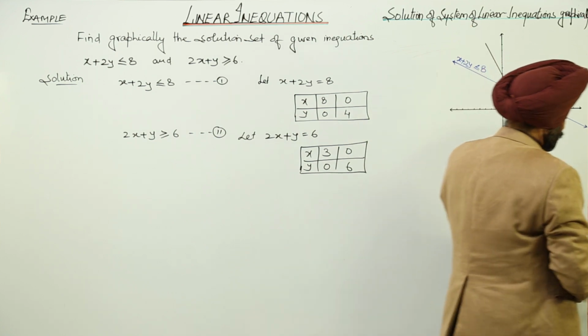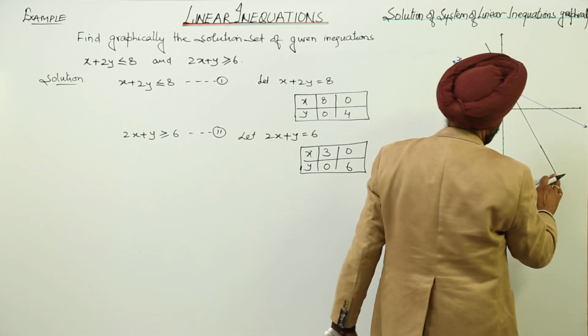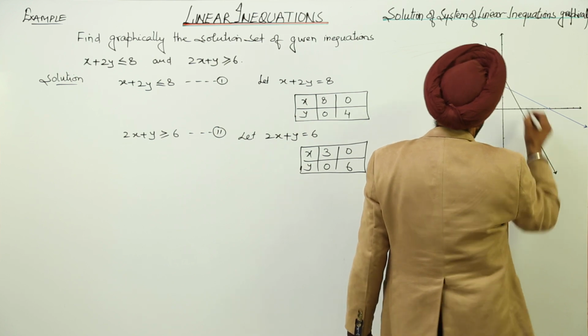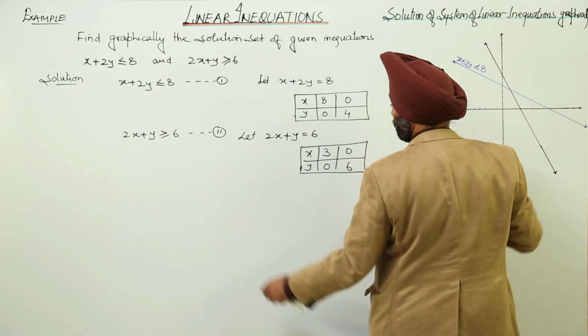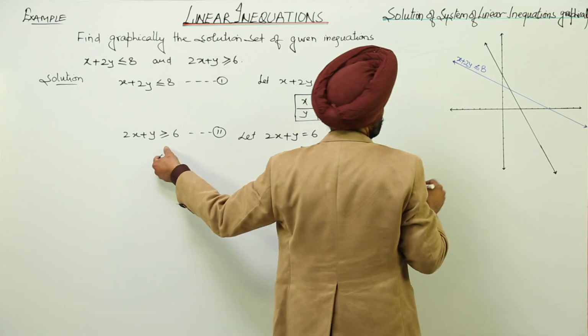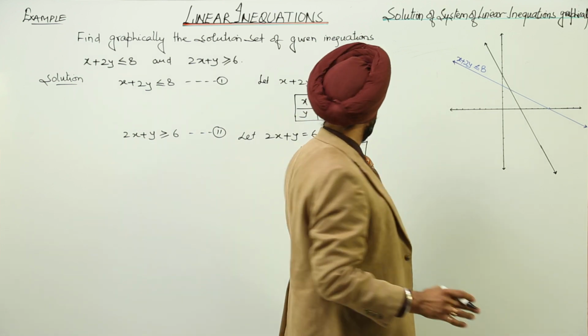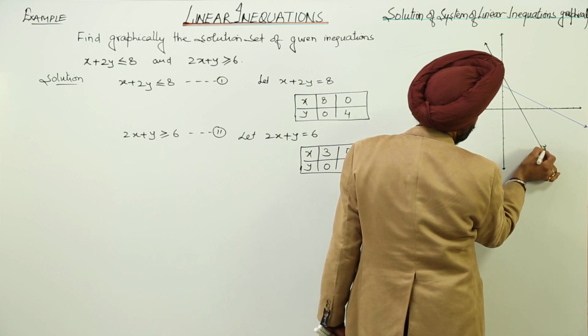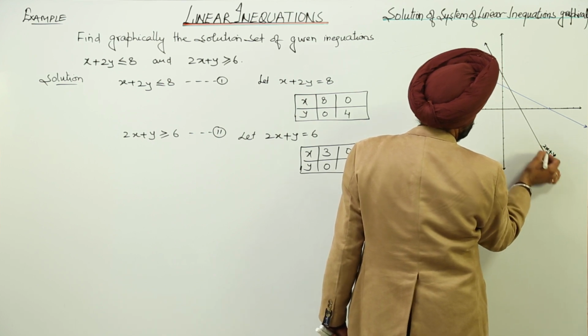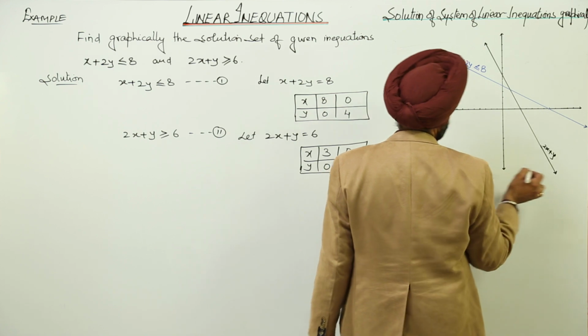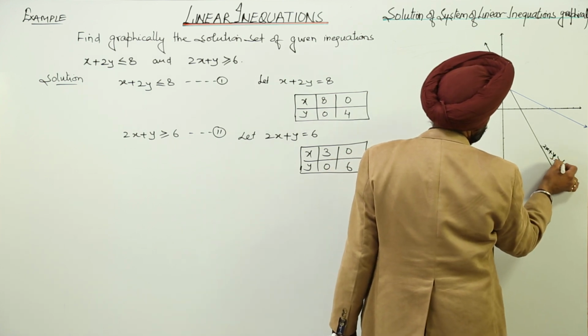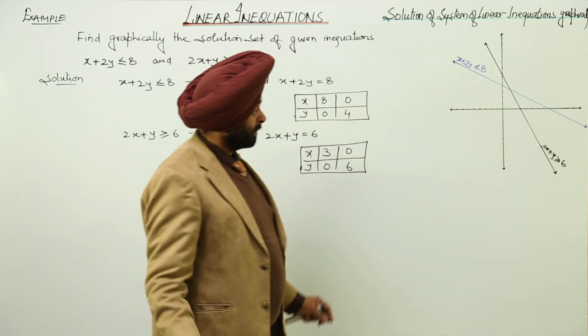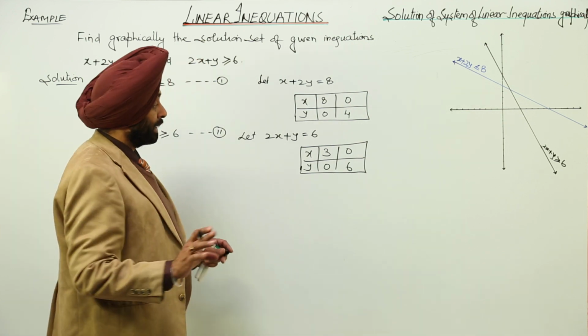Okay. Now again the inequality is greater than or equal to, so the line will be bold. Okay. So let's write the equation: 2x plus y is greater than or equal to 6. So we have plotted the lines.